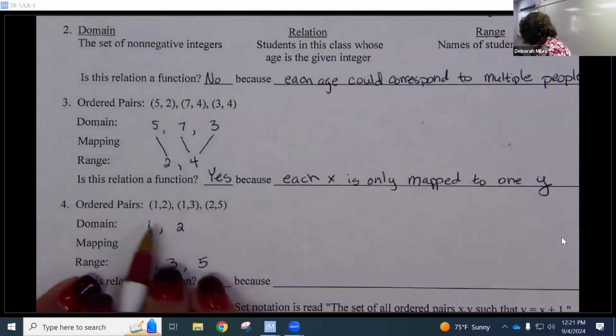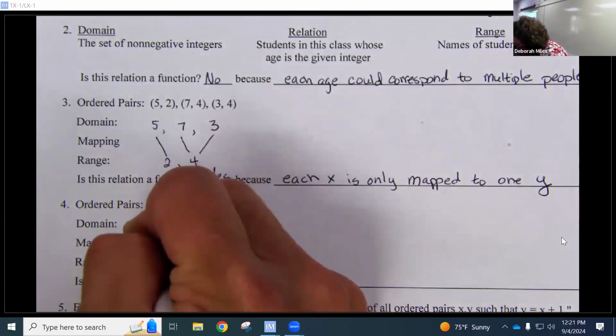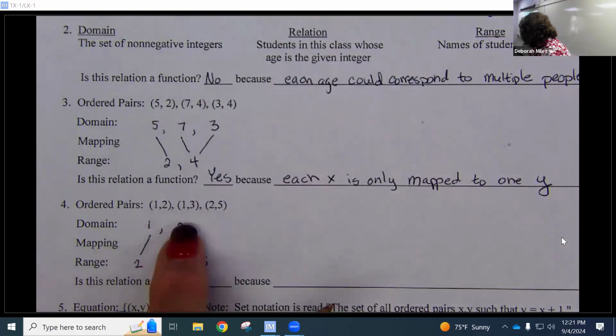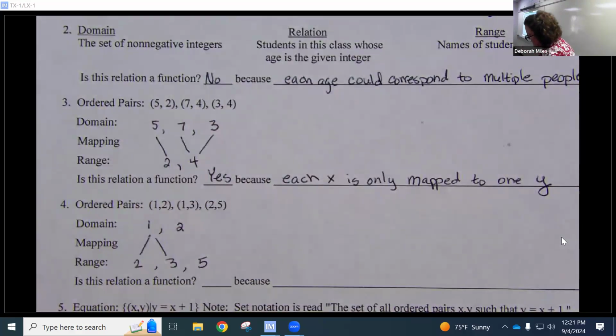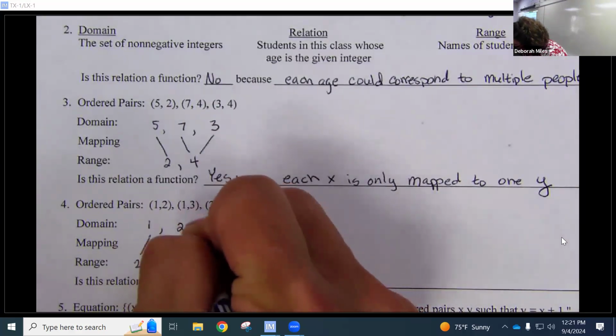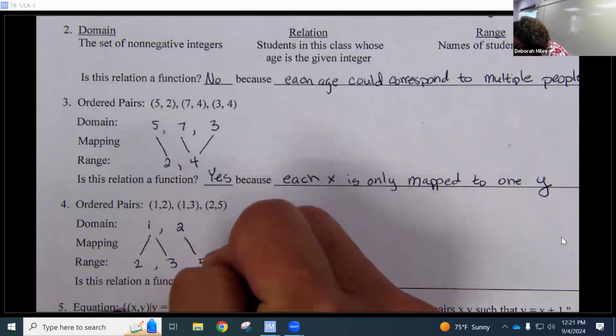In the first ordered pair, 1 corresponds to 2. In the second ordered pair, 1 corresponds to 3. And in the third ordered pair, 2 corresponds to 5. Is that a function? No.